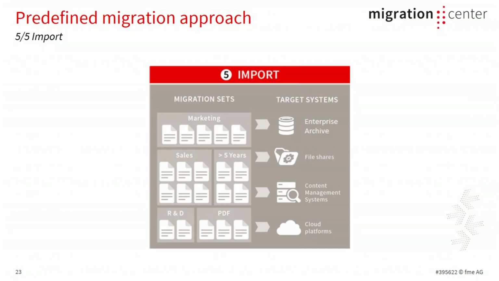For test data, it makes sense to import a migration set twice, right? It makes sense in very small scenarios, let's say. It's kind of rare, but you can migrate the data into an ECM, and you might migrate the data also to a file share for whatever reason. So Migration Center is totally flexible to help you with any migration requirements.